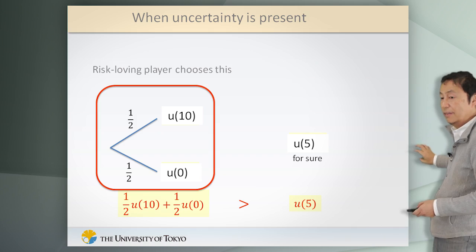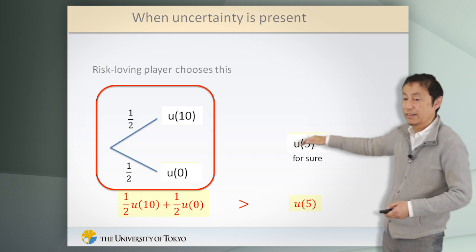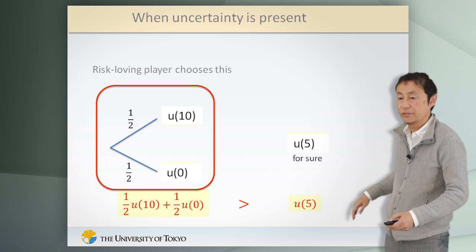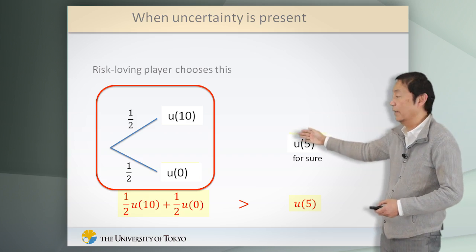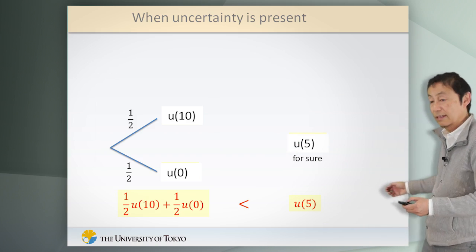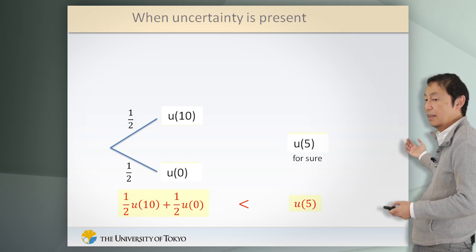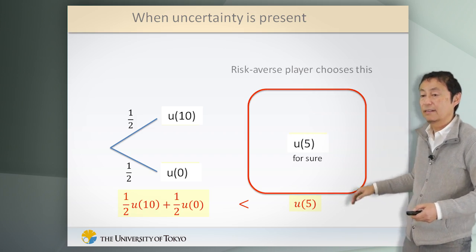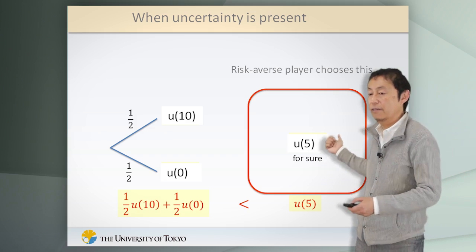If this number is smaller than the average of satisfaction of 10 and 0, so if $5 for sure has small utility, then you choose the lottery because the lottery has larger expected utility. And if your utility from $5 for sure is larger compared to the average of utility of 10 and 0, then this is better for you, and you choose $5 for sure.